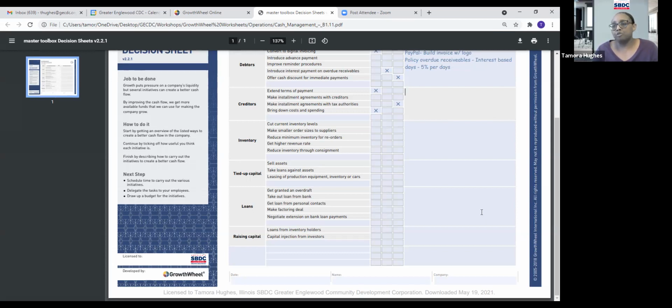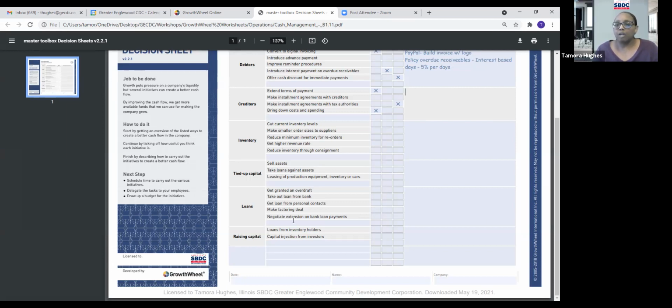If you do happen to have an overdraft, you're not paying overdraft fees, but it is coming out of some type of loan or funding, and they deduct it from that loan, so that you don't get charged these bank fees for overdraft.